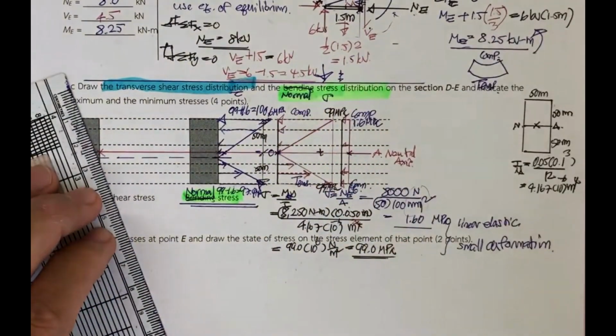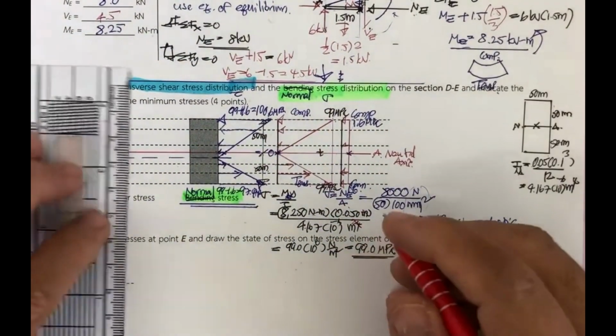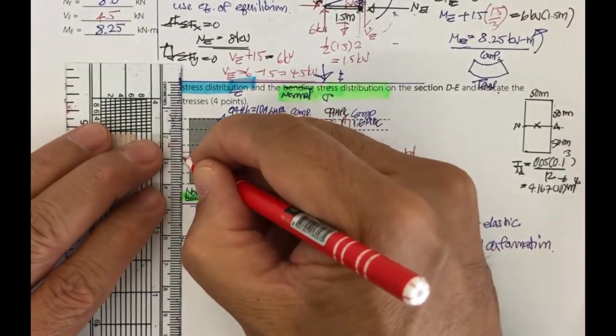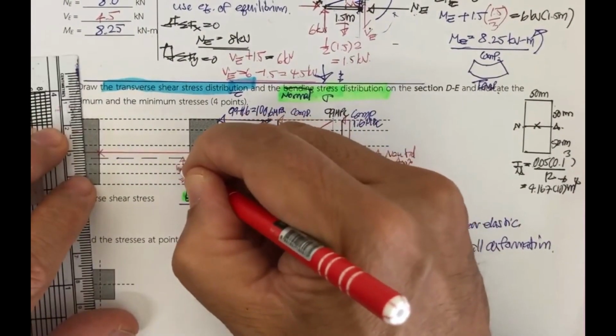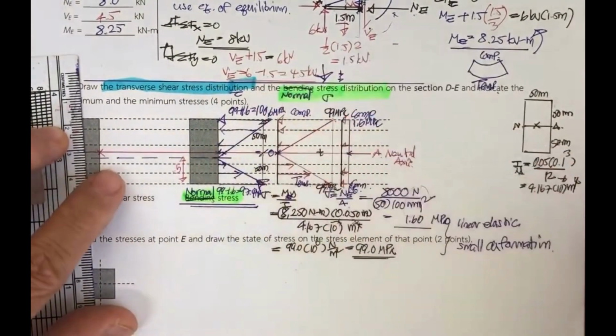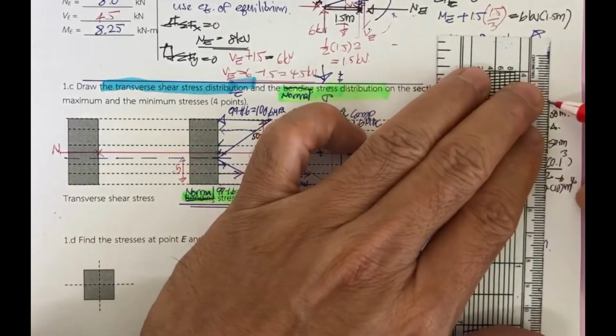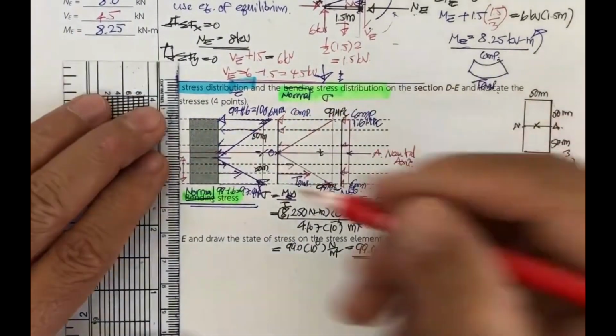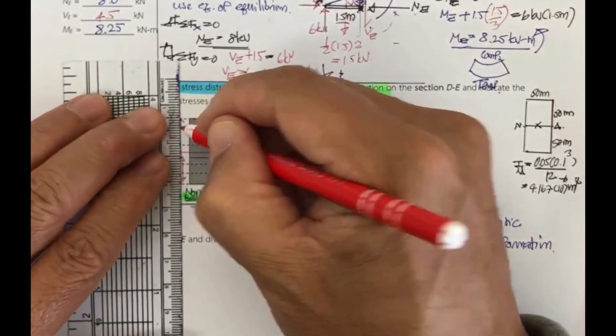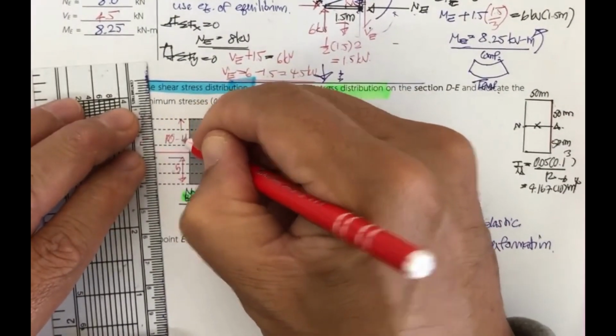And usually we just set it following this. Let's set this one as the distance y. And the total length of this is 100. That means the position here will be 100 minus y.